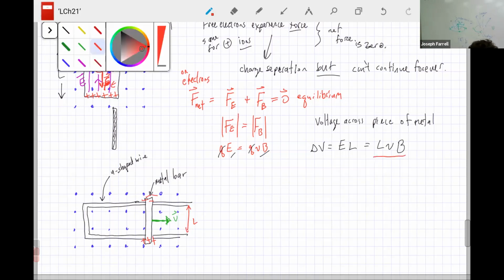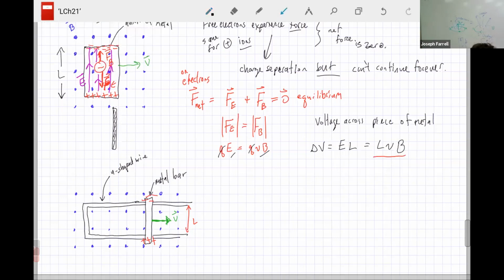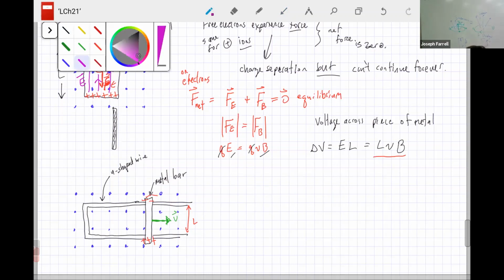And then we could think about this as now a circuit, because this bar here is basically acting like a battery. So we've got here something like that, a positive end of a battery here.